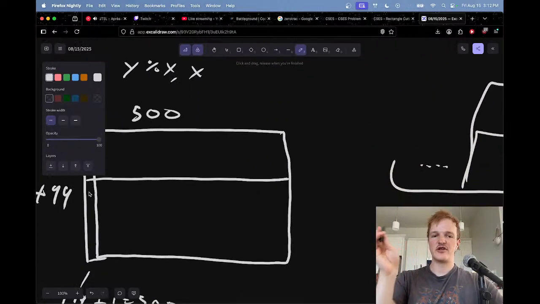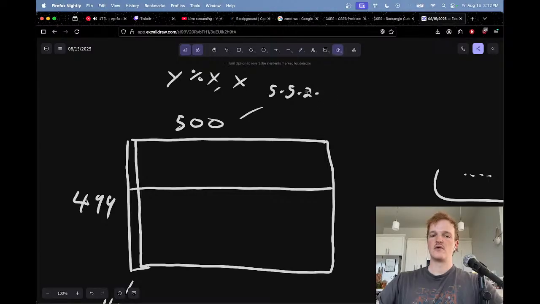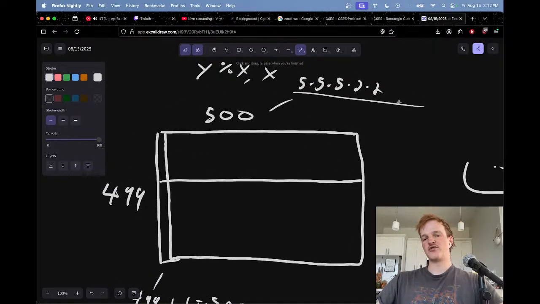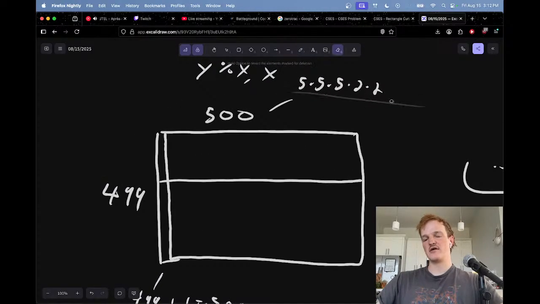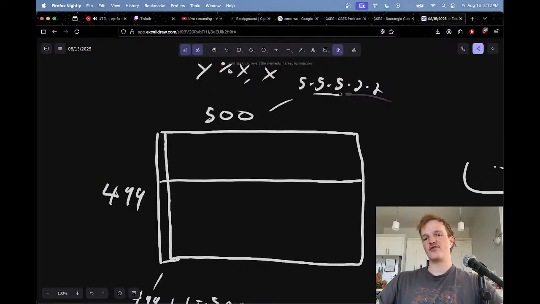So what would that mean for here? 500 is 5 times 5 times 2 times... Okay, it's 5 times 5 times 5 times 2 times 2. So you'd say, okay, there's a bunch of squares that are possible in here. You could have 2 squared, you could have 5 squared, you could have 10 squared.